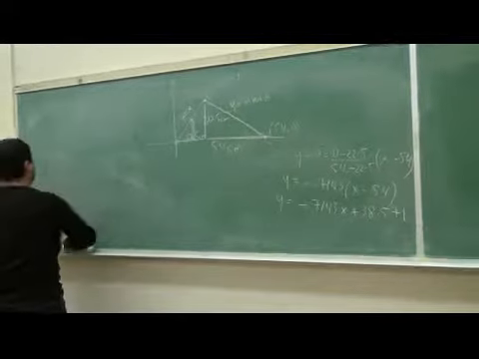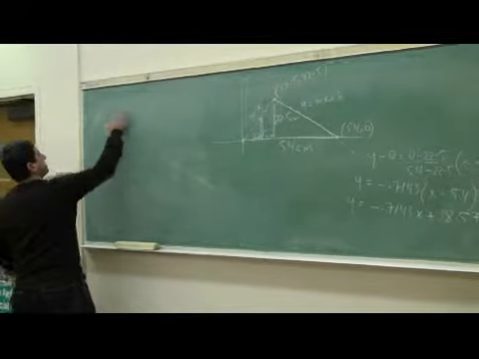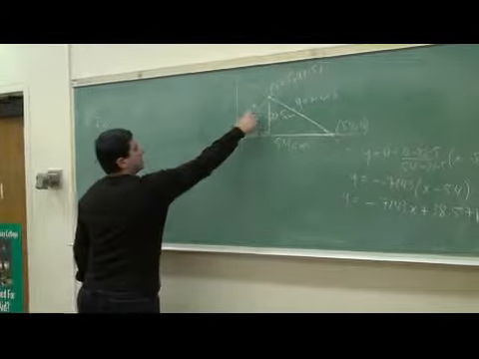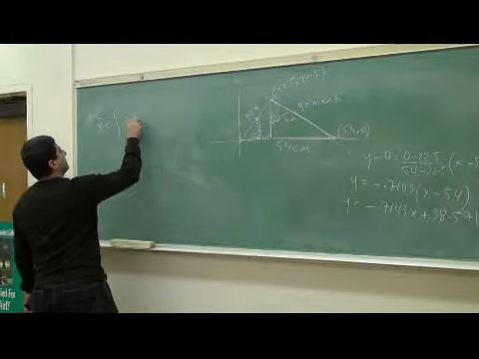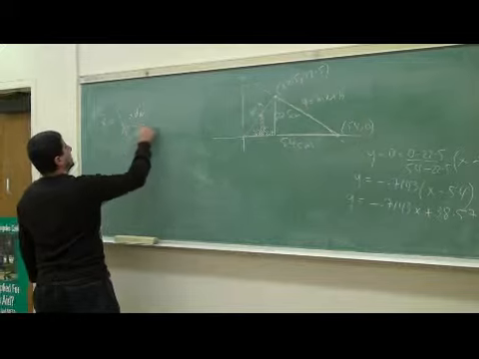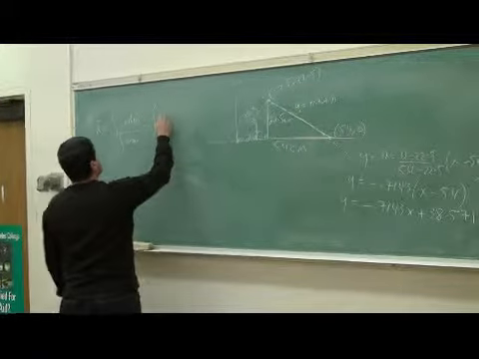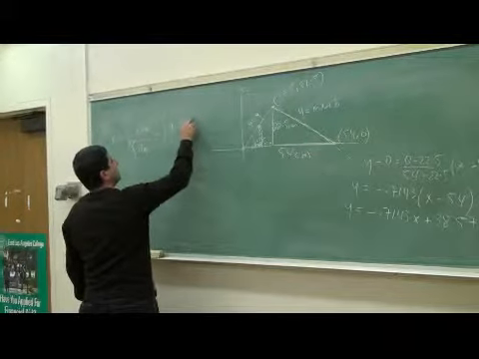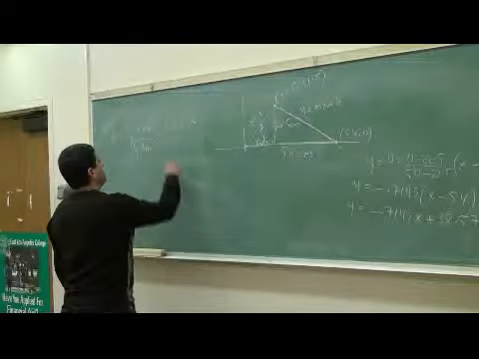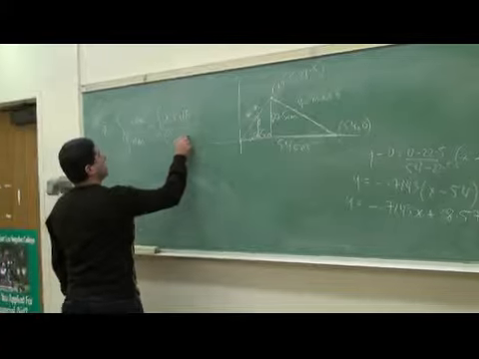So what you would do is you go x center of mass is equal to integral x dm over integral dm. So you always start that way. Then you say dm is going to be sigma dA, over integral sigma dA.